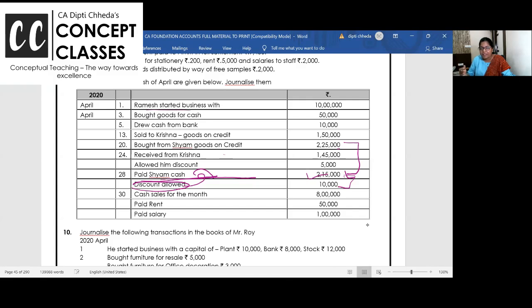So don't debit it, because I am paying instead of 225. I purchased the goods from Shyam. I paid only 215.